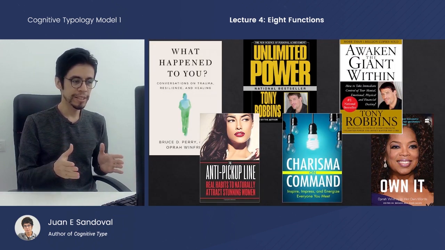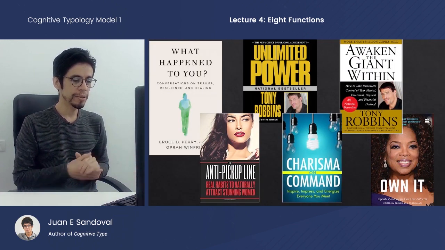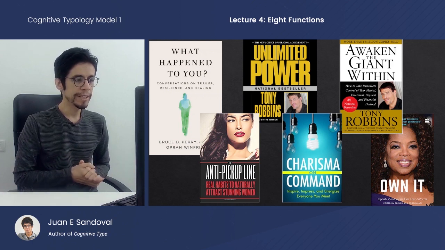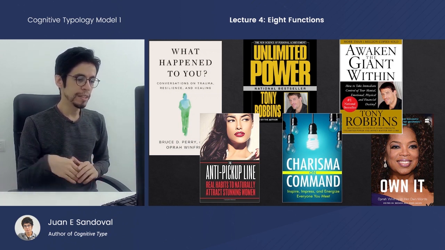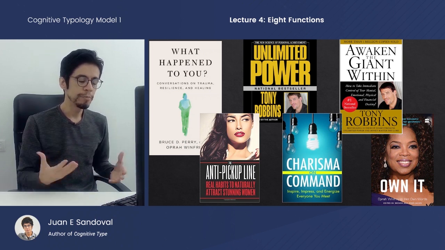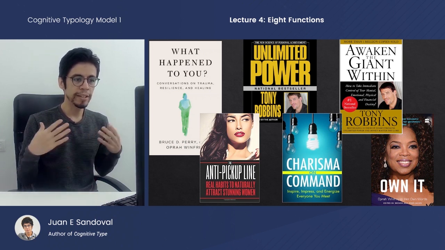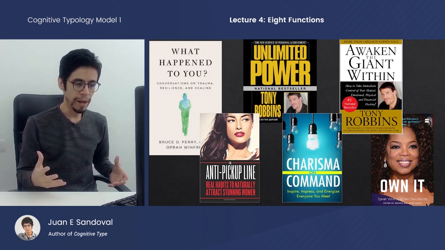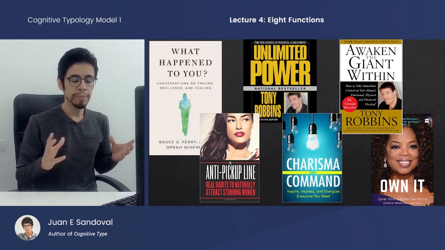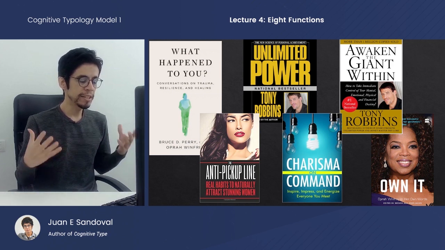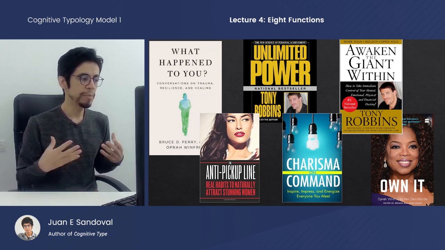Here on the screen we see a collage of books created by those we call the handling group, and we can look at their titles and understand a general pattern. Here we have Oprah Winfrey with her book Own It, Tony Robbins with Awaken the Giant Within, Ultimate Power, Charisma on Command by Charlie Houpert, the anti-pickup line, Real Habits to Naturally Attract Stunning Women, and What Happened to You?